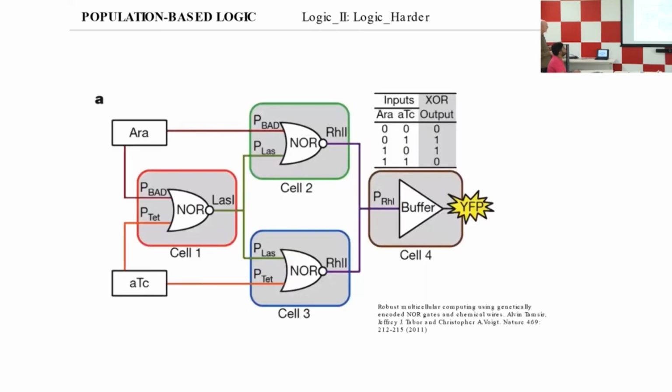Okay, so in this case what we have is three cells, and each of the three cells will act as a NOR gate, because each of them has inputs and outputs that will be recognized by the others, in this case a pure quorum sensing based system.